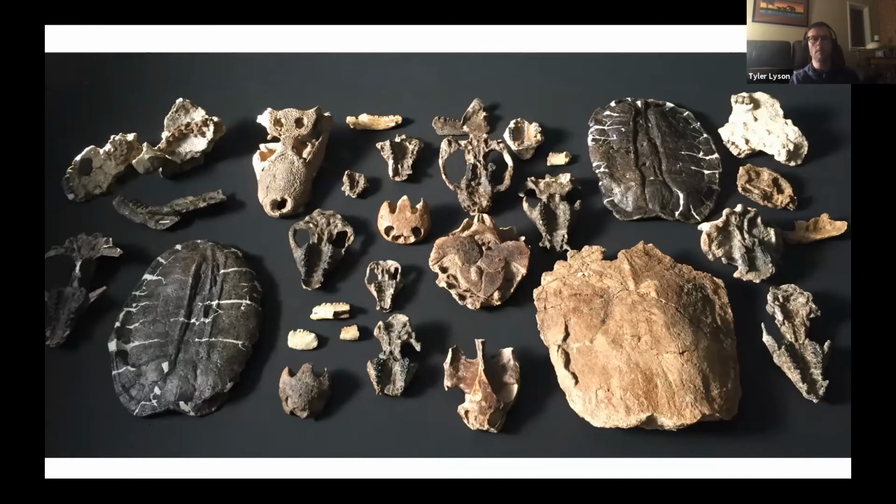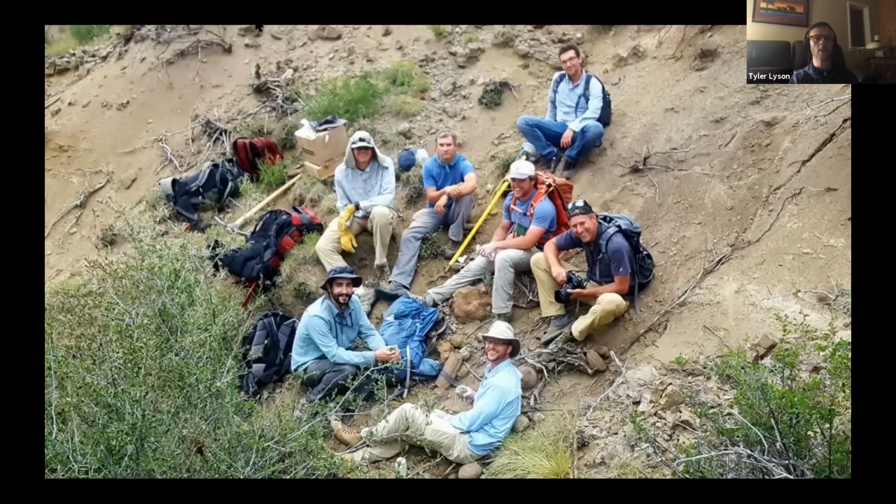But just in this one picture, we have brand new species of mammals, turtles, and crocodiles. And in every case, if the animal is known, we have the most complete specimen of that species. So we're going to learn a lot about the anatomy and who these animals are related to. And so with that, I think I'll turn it back over to Ian.